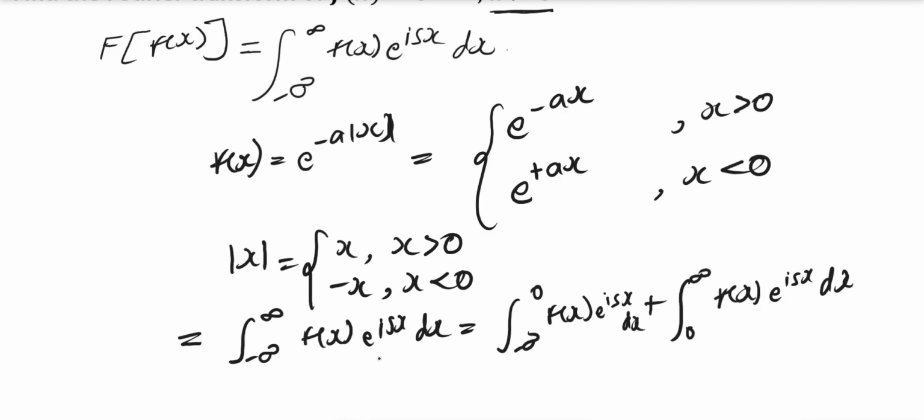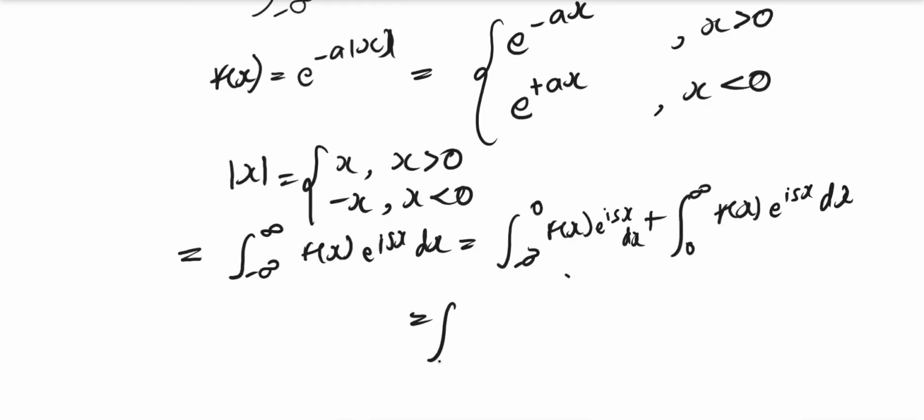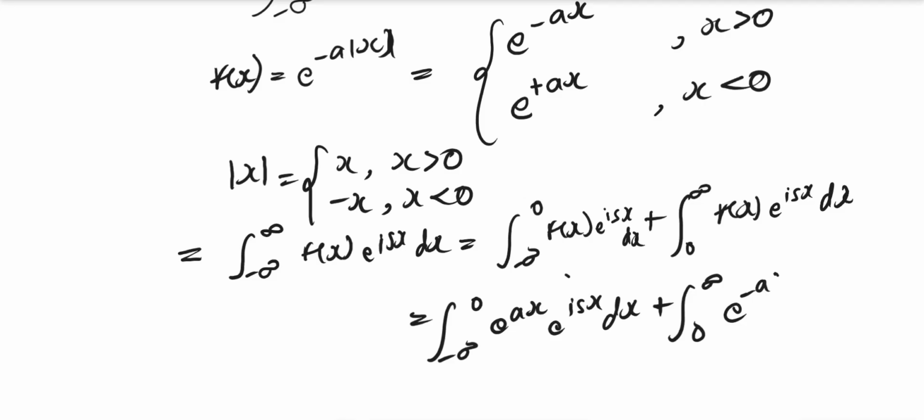Now वैल्यू पुट करेंगे दोनों इंटरवल्स के लिए, जो होती है minus infinity to 0 f of x क्या होता है when x is less than 0, it is e raised to the power ax dx plus 0 to infinity again. It is minus infinity to 0, f of x के प्लेस पे e raised to the power ax and e raised to the power iota sx as it is भी आएगा, plus integration 0 to infinity when x is greater than 0, f(x) क्या है e raised to the power minus ax, e raised to the power iota sx dx.